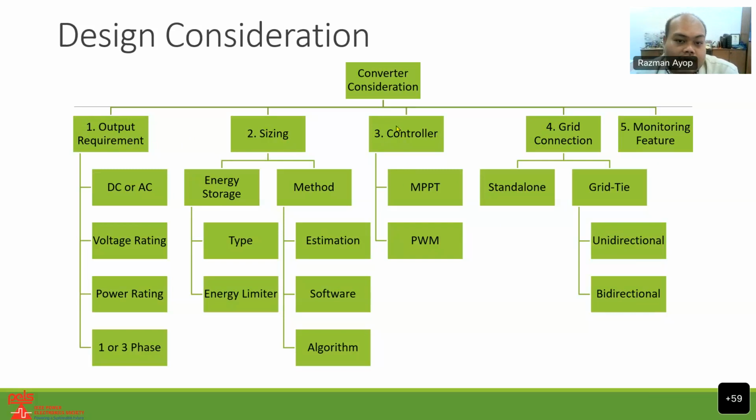The third one, you have to consider the controller for the PV system. The fourth one is whether you want to make connection to the grid or not. And lastly, the monitoring feature. All of these considerations you need to take into account before you proceed with the project.